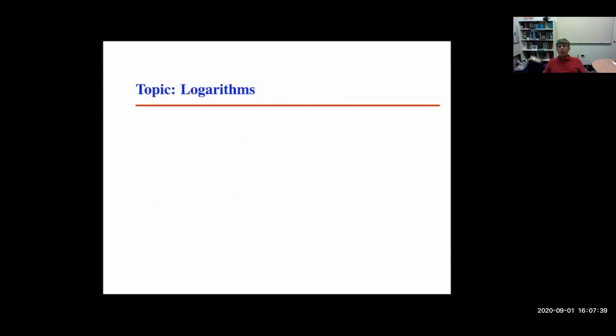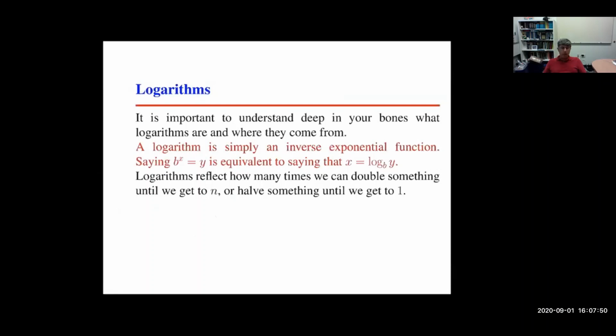What I'd like to talk about for the rest of the class is logarithms. Logarithms are a very, very important subject in here. You've got to know where a log comes from. And what is a logarithm? Well, the definition of a logarithm is simply the inverse exponential function.